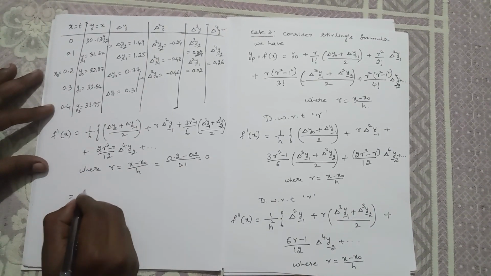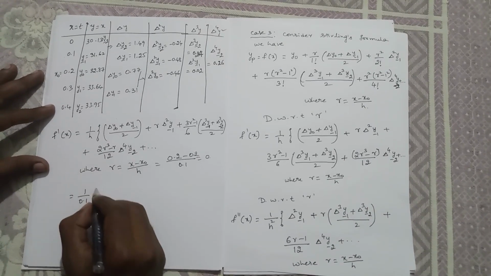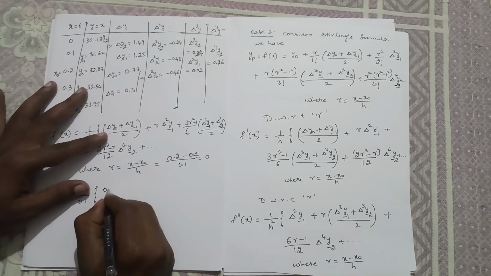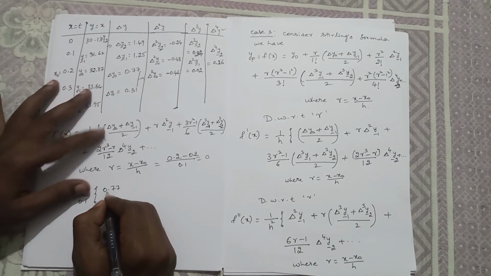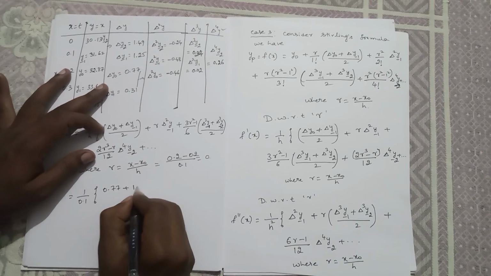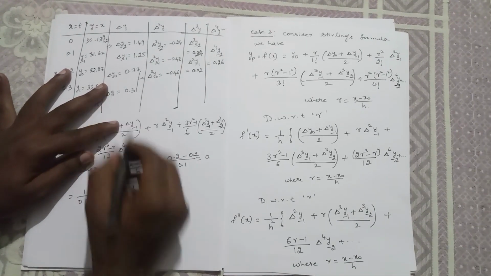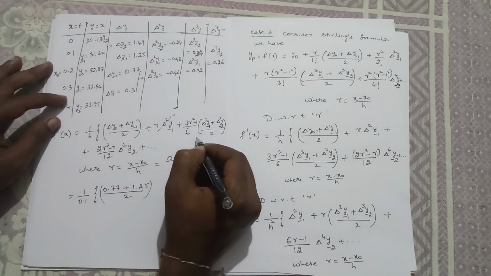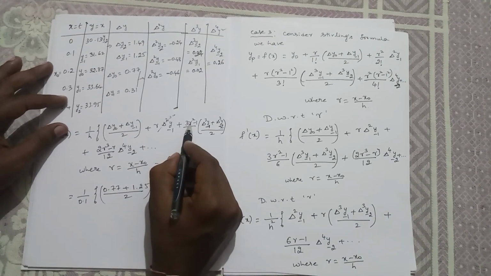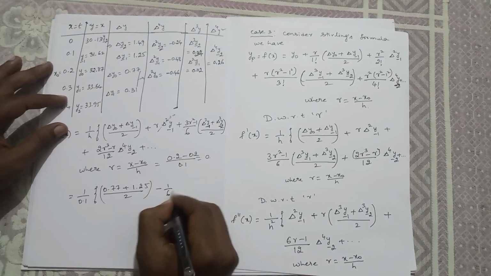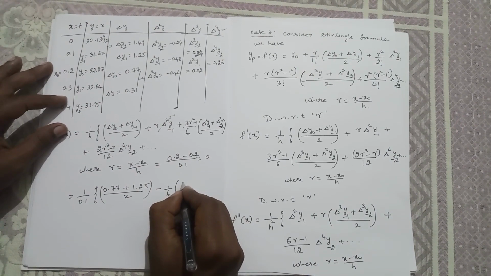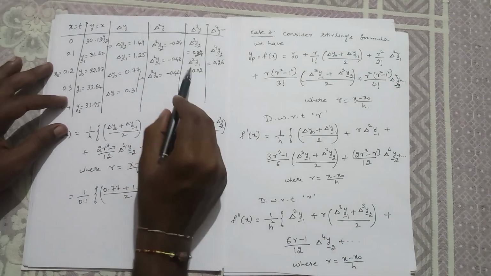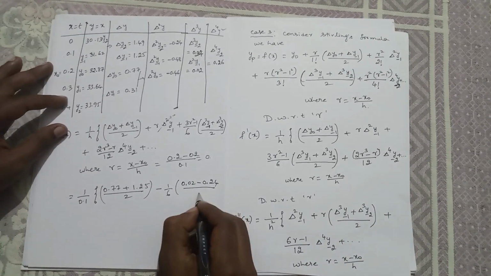So it is 1 divided by 0.1, h value is 0.1, into delta y naught, which is 0.77, plus 1.25 delta y suffix minus 1 divided by 2, and here this term is 0, and here you will get minus, this term is 0, so we get minus 1 by 6 into 0.02 minus 0.24 whole divided by 2.